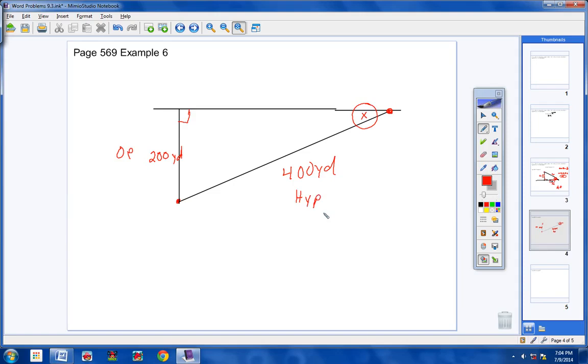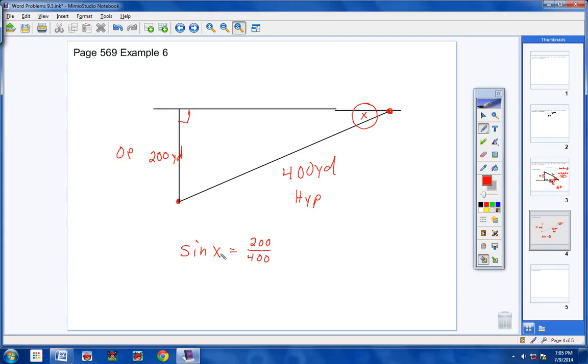So the two sides that I know would be my opposite side and my hypotenuse. Now, which trig function uses opposite and hypotenuse? Well, that's sine, okay? So I'm going to write down the sine of x, that's my angle right here, equals opposite over hypotenuse, which is 200 over 400.